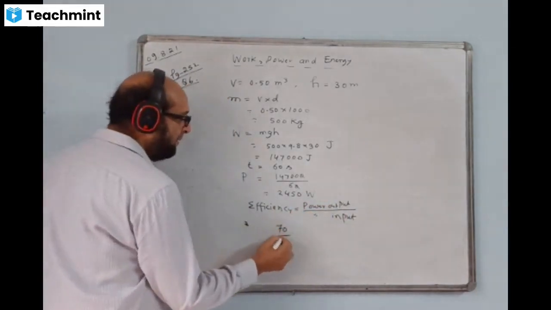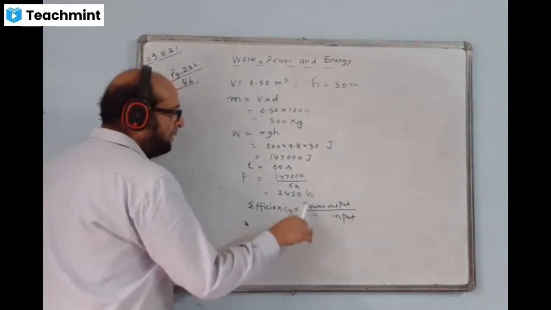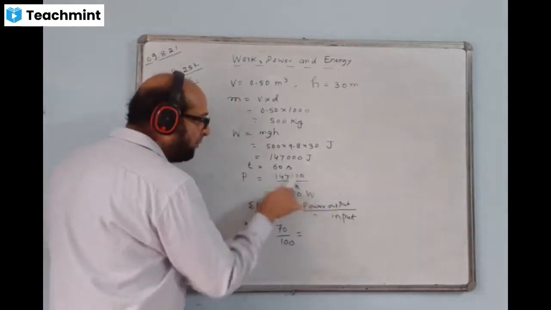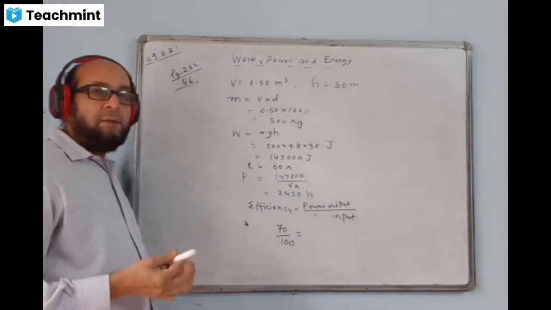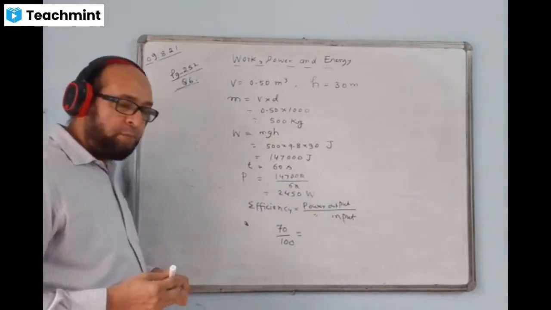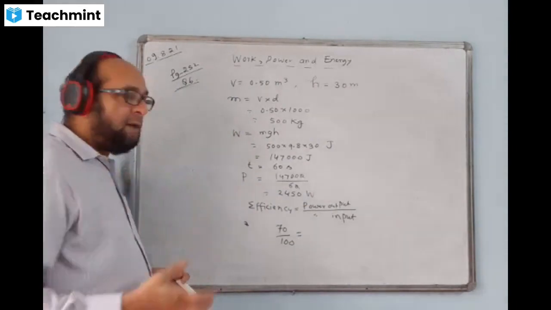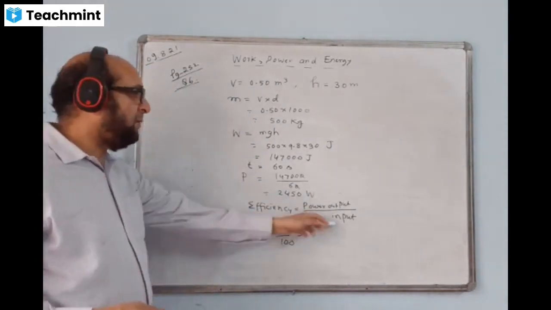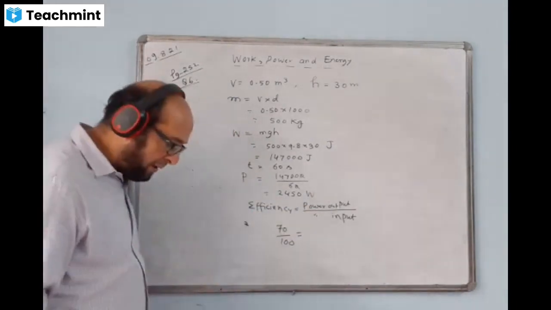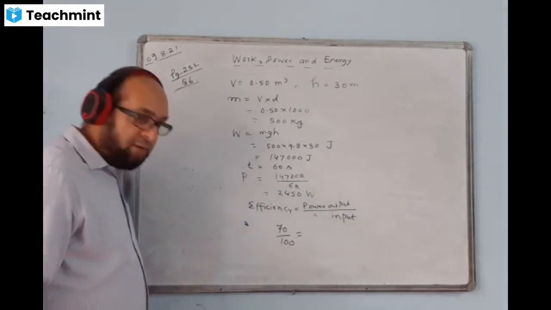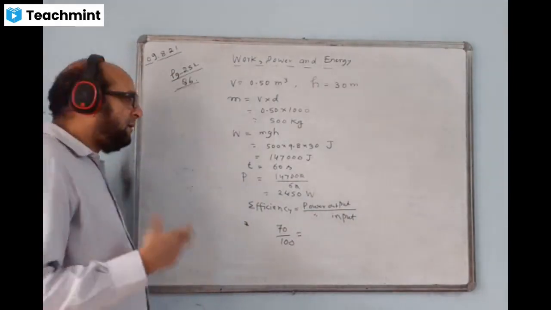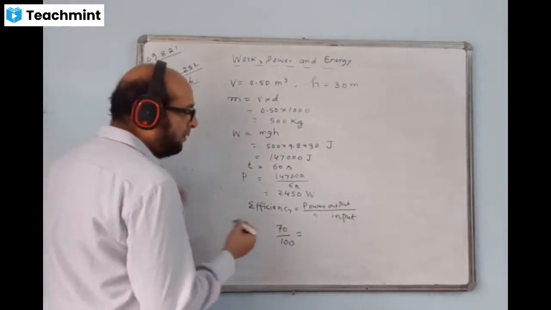Efficiency is 70 by 100. Power output, this is the actual work done by the machine, by the pump. That is the power used by the pump, this much. Then you have to find the input power. What is the power developed by the engine? Out of that, some part will be lost.